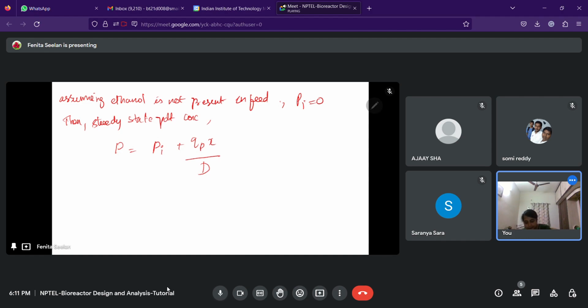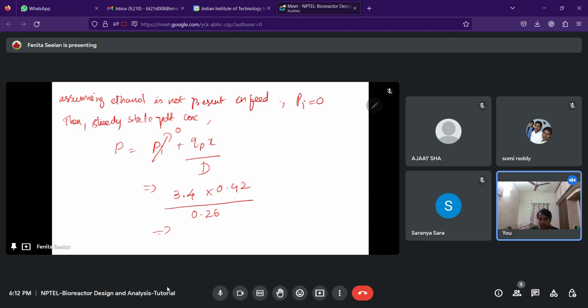We can substitute Pi equal to 0 because in the initial phase product is not there. QP value we are substituting as 3.4, into the X value which we calculated as 0.42 gram per liter, divided by D, which is 0.264.